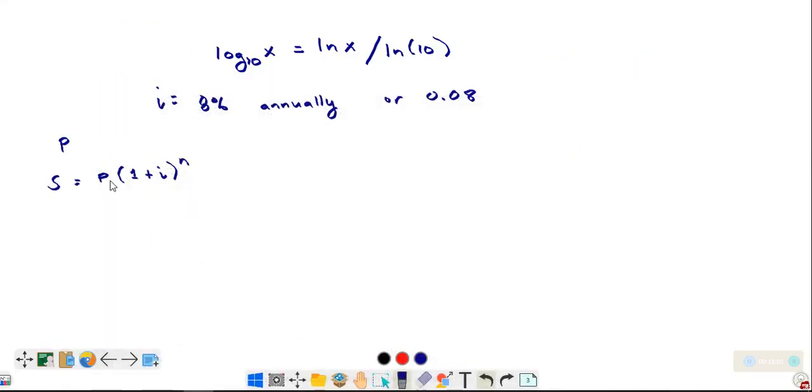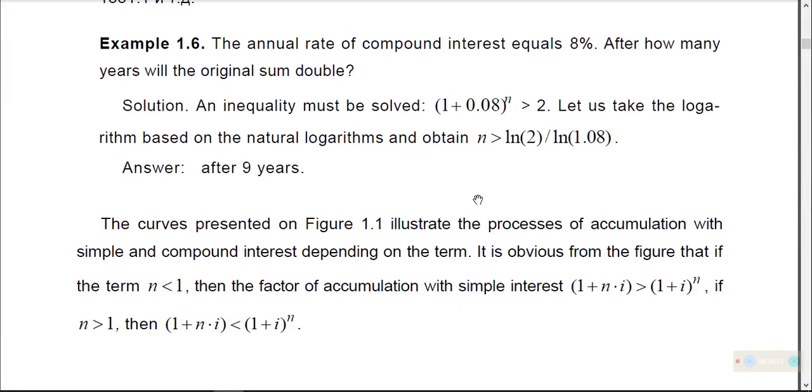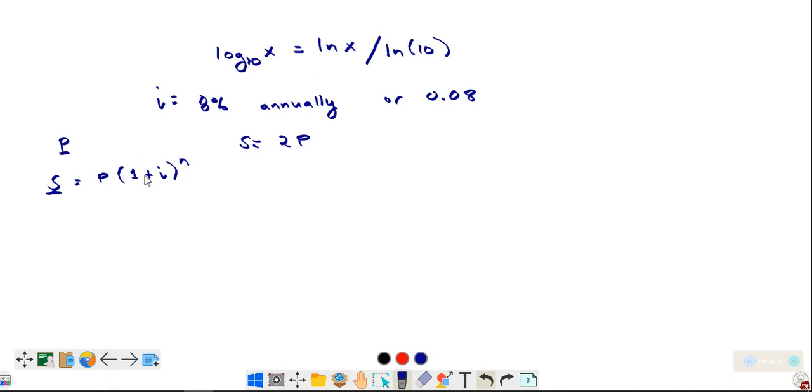So, dapat itong S natin dito ay doble na ni P. So, S is equal to 2P. So, kailan natin yun makukuha? So, here we have to double P. Therefore, dapat ito ay maging equal sa 2.